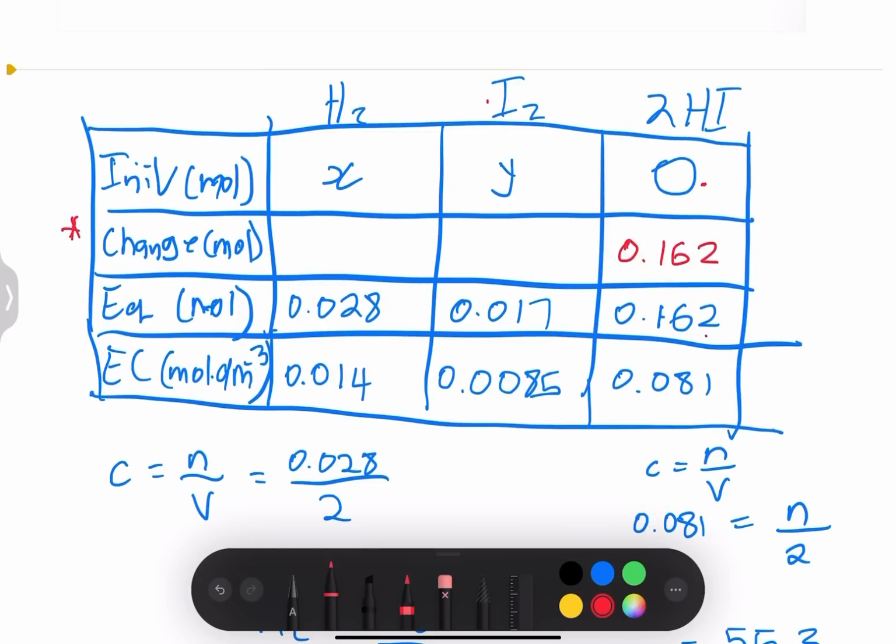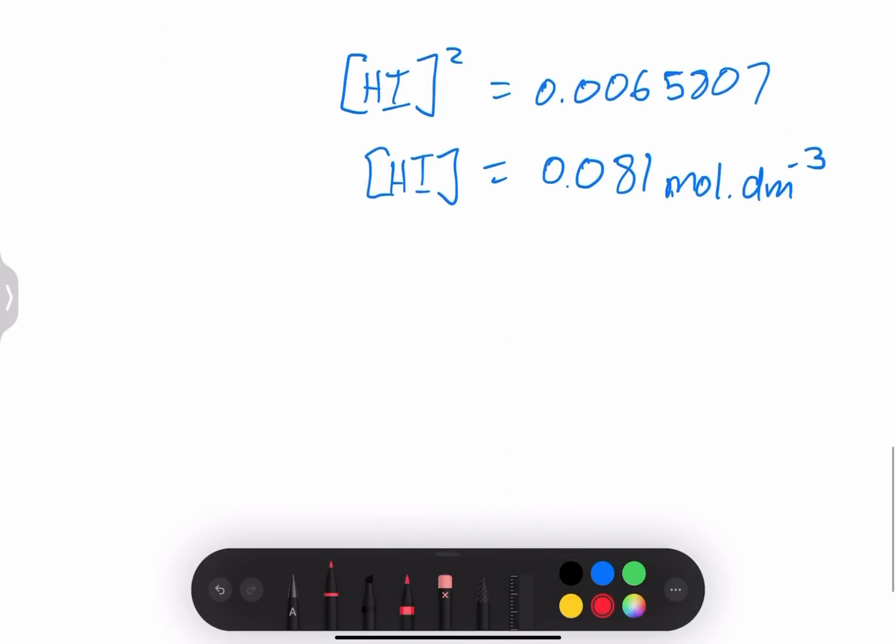Now we want to find out, in terms of ratio, the amount of iodine in this case. We go to our formula and say, for every 1 mole of iodine, we get 2 moles of hydrogen iodide. So for how much iodine will I have 0.162 of hydrogen iodide?